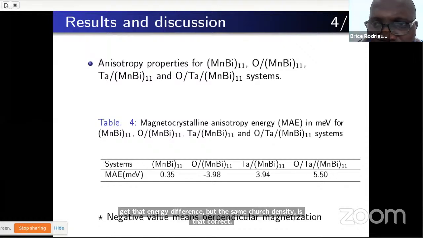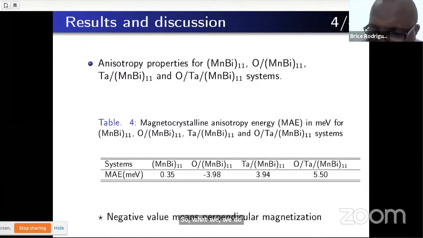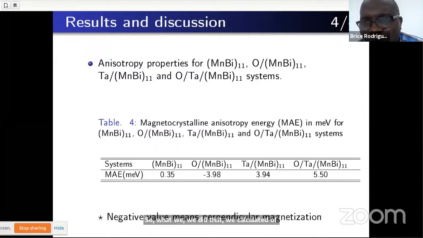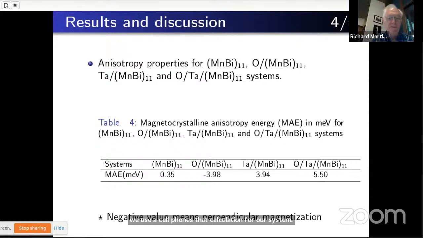So what we did is that we do the self-consistent calculation for our system in the collinear approach.